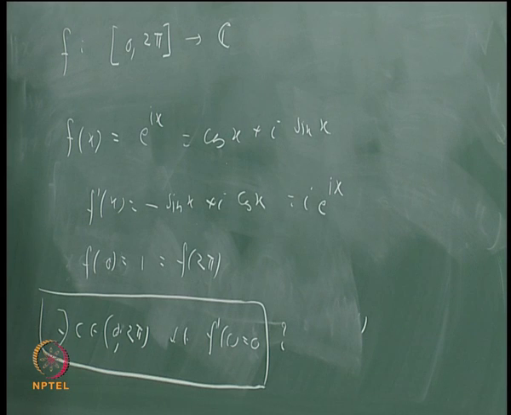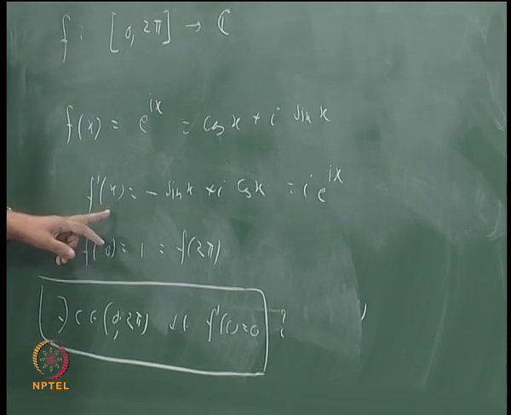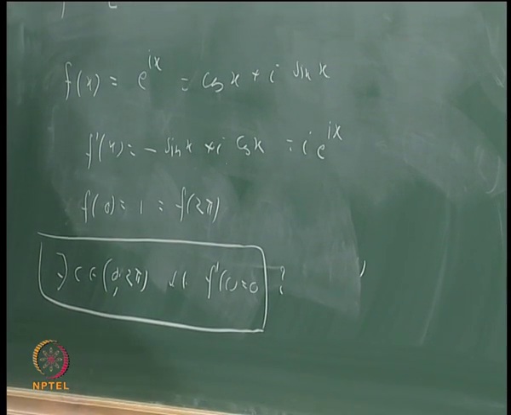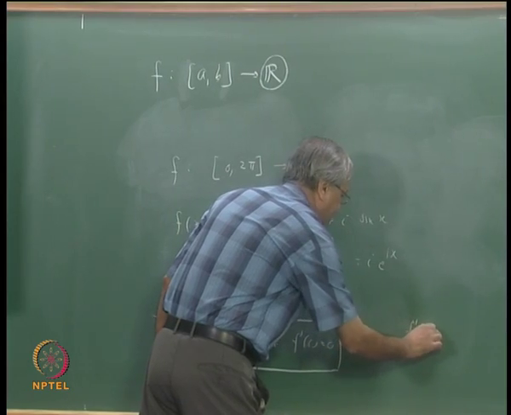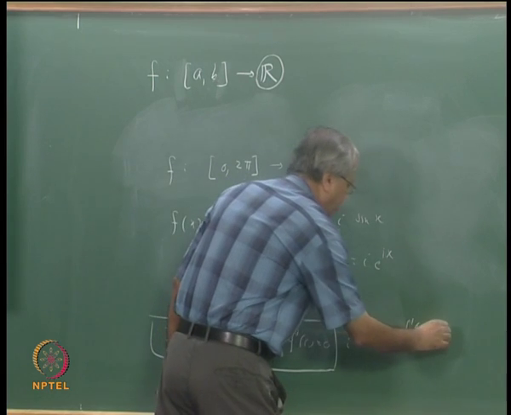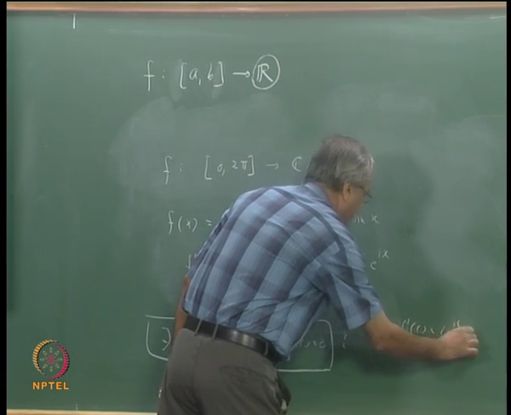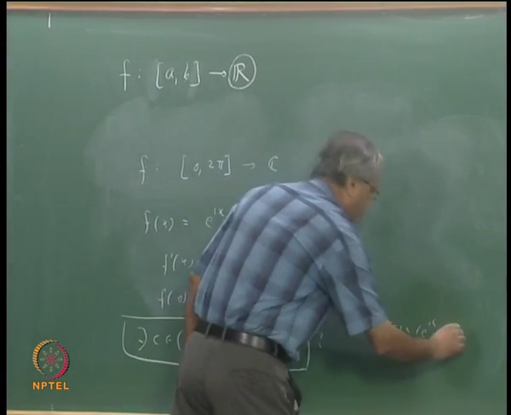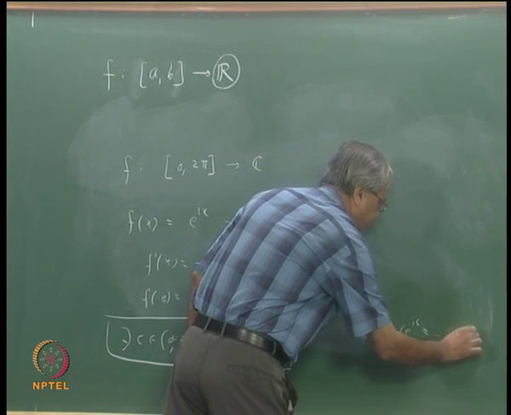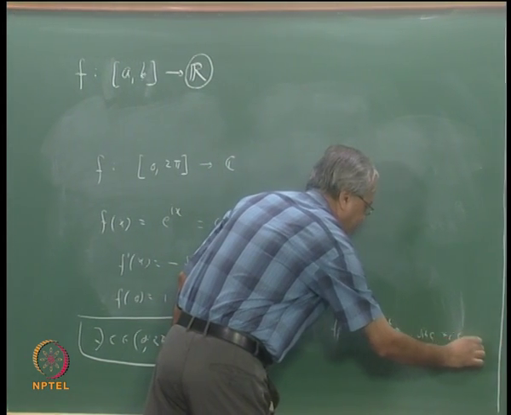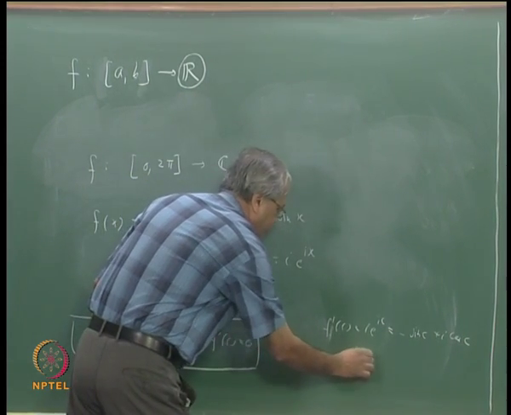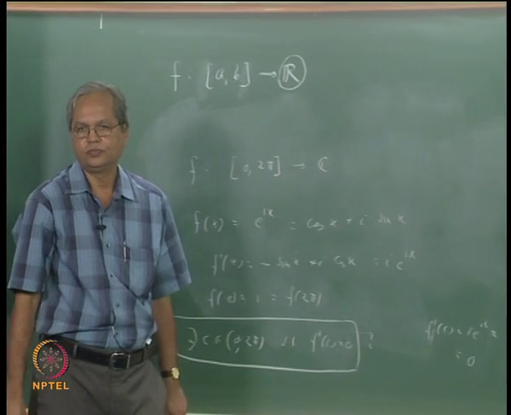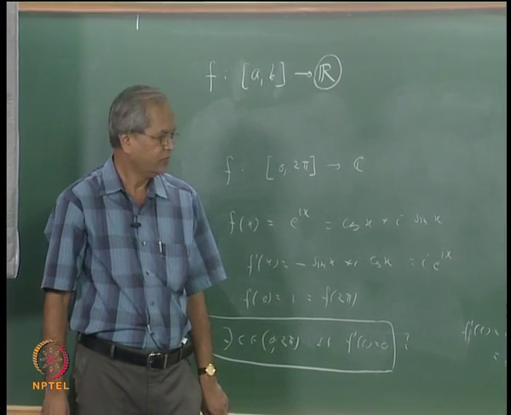What is f prime c? f prime c is equal to either, in this form, i e to the power i c, or minus sin c plus i cos c, whichever way, and this has to be 0. Is that possible?